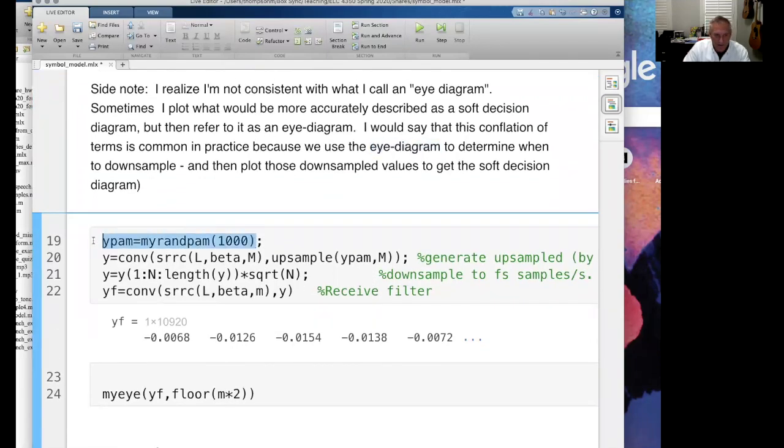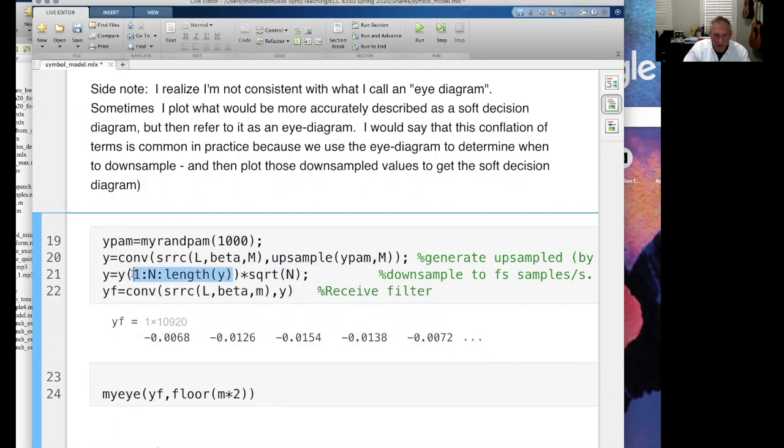Okay, so let's take a look at the code. I generated some symbol sequences, and then I had this really clever one-line code to generate the upsampled signal from the PAM symbol values. There's an upsample command in MATLAB that lets you insert zeros in the right way, like we've done in the past. So this is just a shortcut version of what we've done before. Here's the scale factor for n that I talked about, and this step is downsampling.